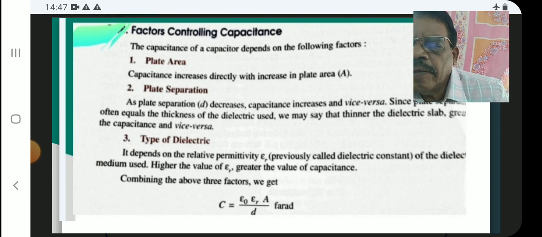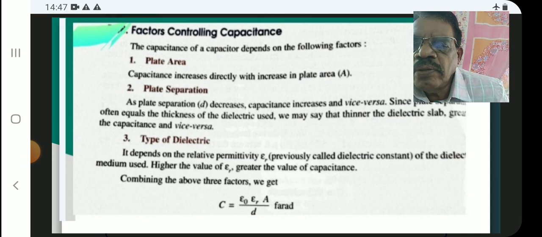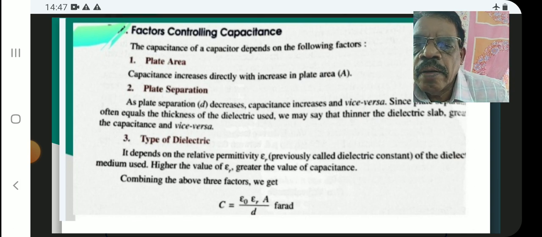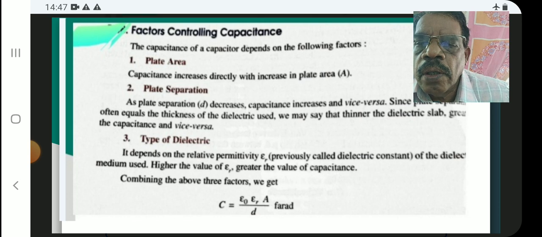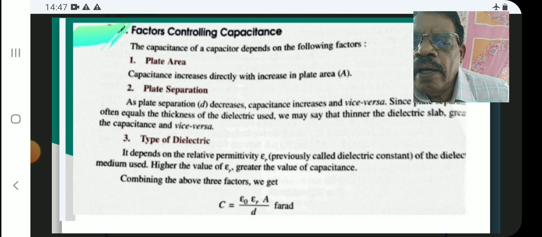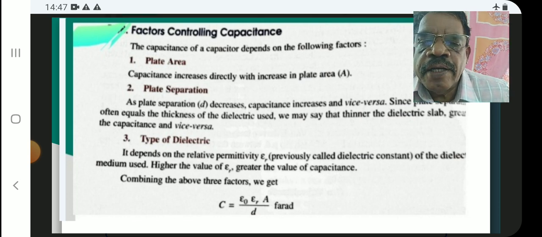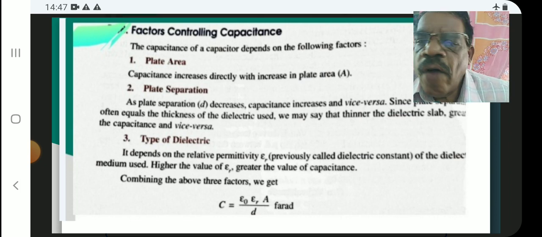Type of dielectric, it depends on the capacity. It depends on the relative permittivity epsilon R, previously called dielectric constant. Dielectric constant പറയും of the dielectric.